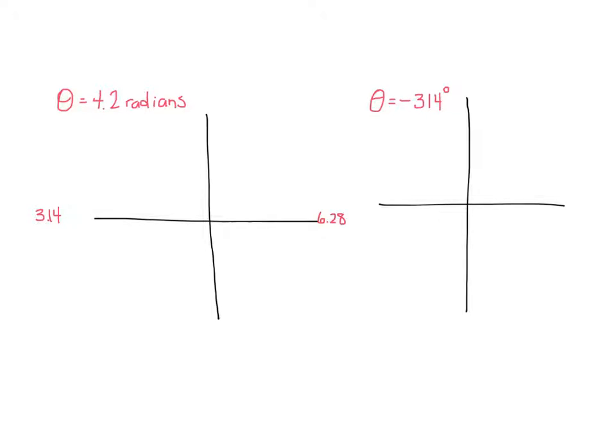So since we start at the positive x-axis, and it's a positive angle, we're going to move around counterclockwise. We're going to go more than 3 because it's 4.2. So I'm going to approximate that angle is somewhere over in the third quadrant. And I'm going to label that angle theta.